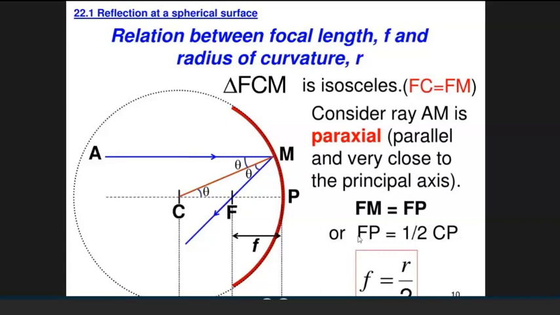PF is nothing but the focal length, because the distance between the focal point and the pole of the mirror is called focal length and is denoted by small f. And CP is the distance between the center of curvature and the pole of the mirror, called radius of curvature. So CP equals R. You can write here capital R. And hence focal length is equal to half of the radius of curvature. This is the relation.